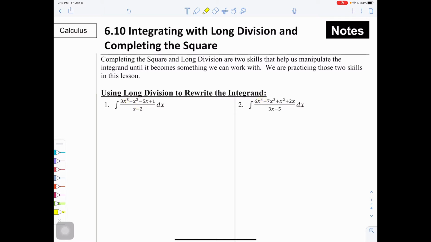Also, we will be completing the square to arrive at antiderivatives that are very familiar to us. So these techniques are very helpful and allow us to integrate more difficult functions.